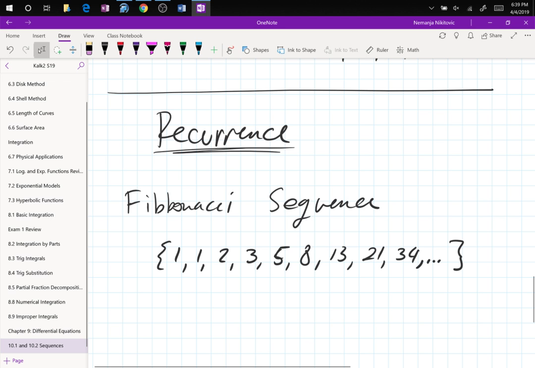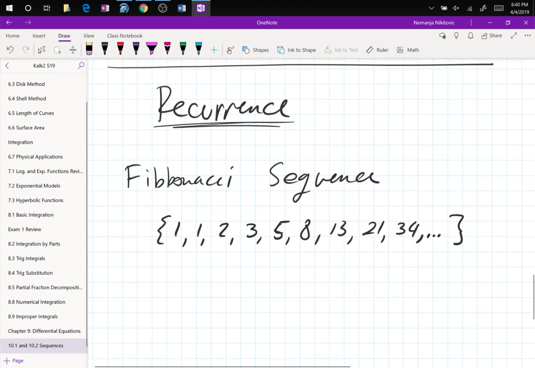Every time I take the 2 numbers, I add them to get the next one. Then I add them to get the next one, and so on. 1 plus 1 is 2, and then 1 plus 2 is 3, and then 2 plus 3 is 5, and 3 plus 5 is 8.